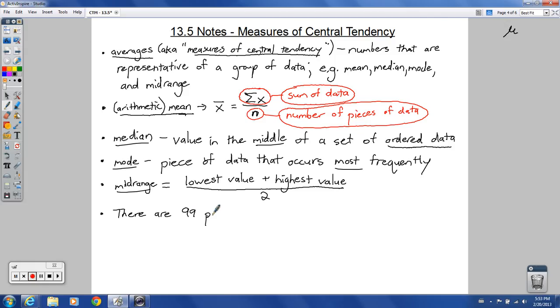So there are 99 percentiles dividing a set of data into 100 equal parts. To me this makes complete sense to call it a percentile, because when you think of percent, you're thinking per 100.